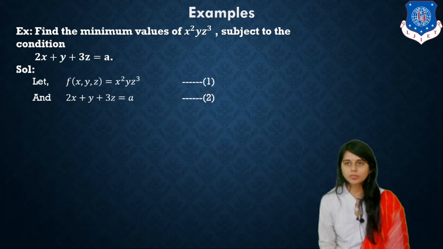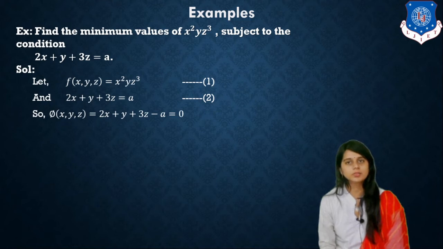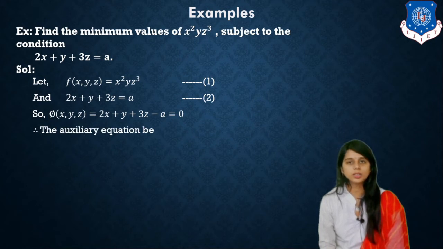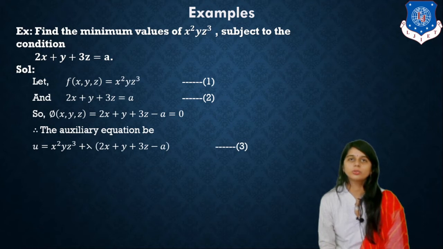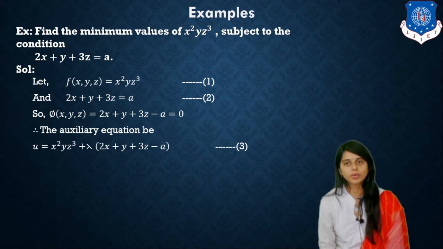That means phi(x,y,z) is 2x plus y plus 3z minus a. Put it in the auxiliary equation. So u equal to x square y z cube plus lambda times (2x plus y plus 3z minus a). It is our equation 3.